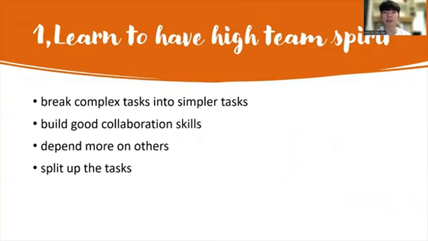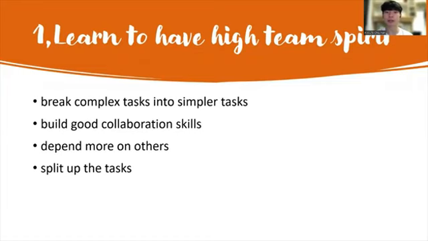There are lots of tasks that we need to finish before the deadline, so we break complex tasks into smaller tasks and assign different tasks to different people. For example, we have divided the EE and programming tasks so that we can achieve efficient processing. During the project, we built good collaboration skills when we faced challenges and problems.